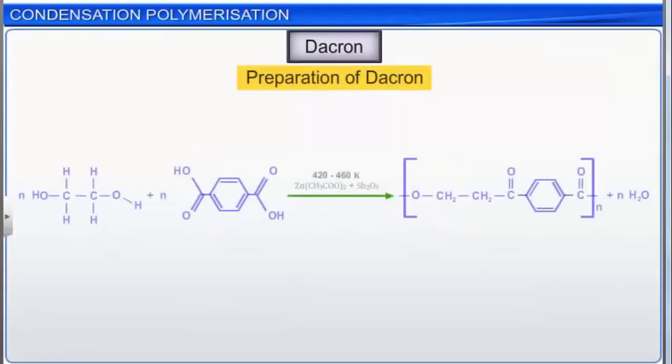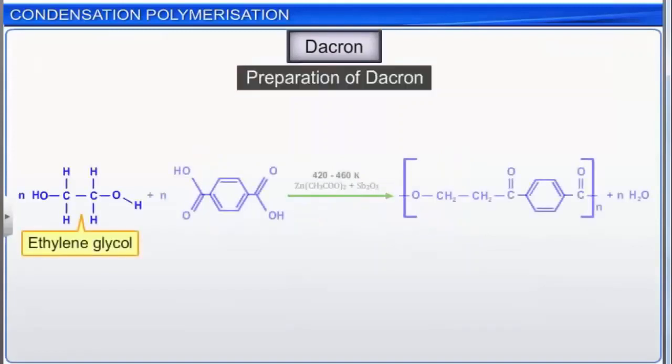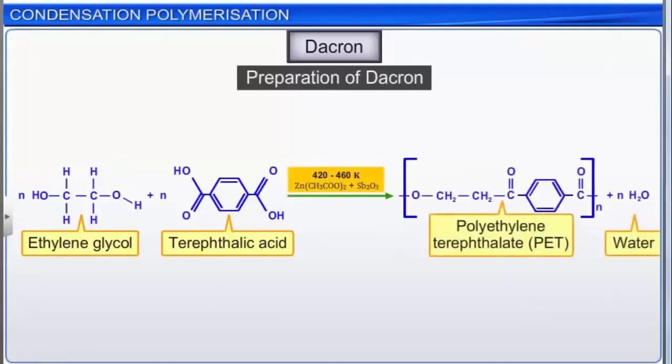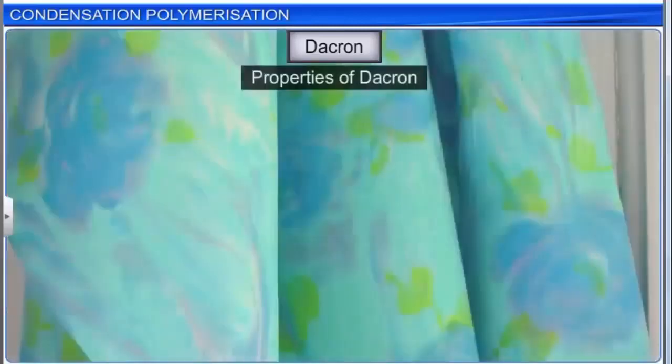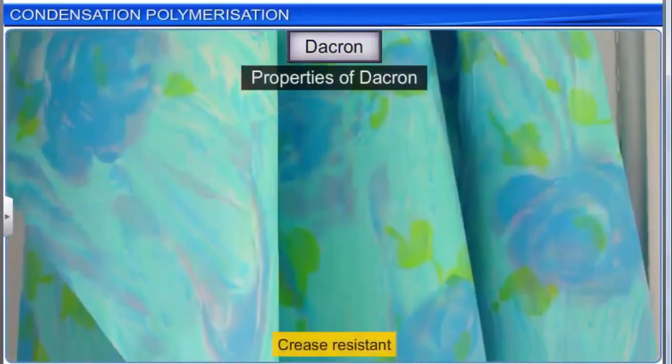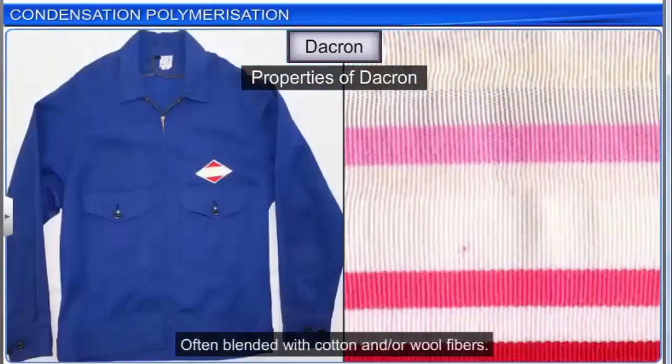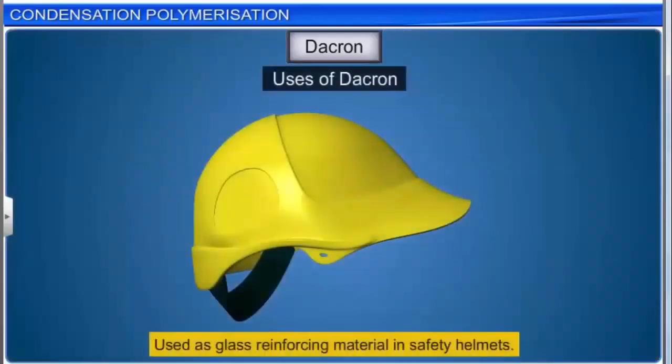To make Dacron, ethylene glycol and terephthalic acid are reacted at 420 to 460 Kelvin in the presence of a zinc acetate, antimony trioxide catalyst. The structure of the repeating unit is shown here. Dacron is grease resistant. Therefore, it is often blended with cotton and/or wool. It is also used as glass reinforcing material in safety helmets.